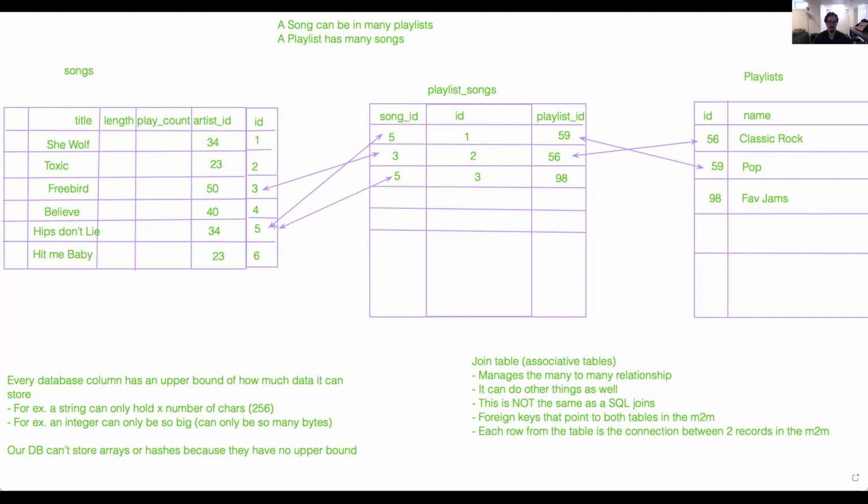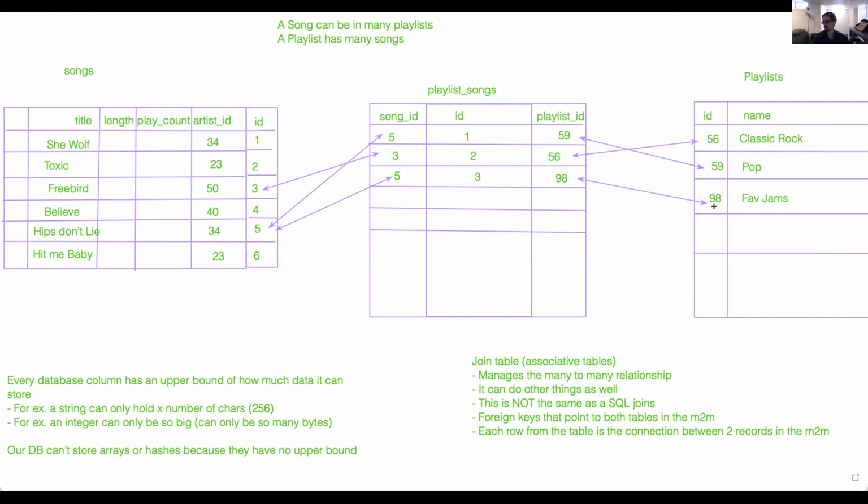So now we've got song number 5 and playlist number 98. Awesome. So now we can see one of the manys. We can see that Hips Don't Lie is in multiple playlists. See how there are 2 arrows going from the songs table, through the playlist songs table, over to the playlist table. Great job, Brisa.